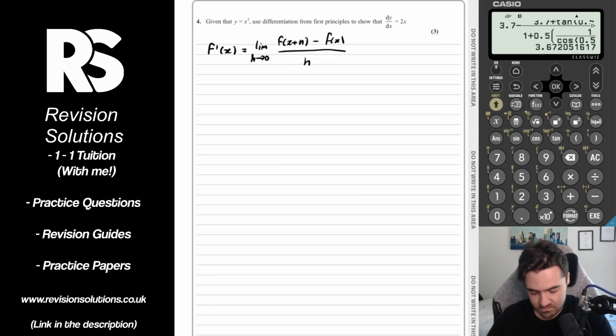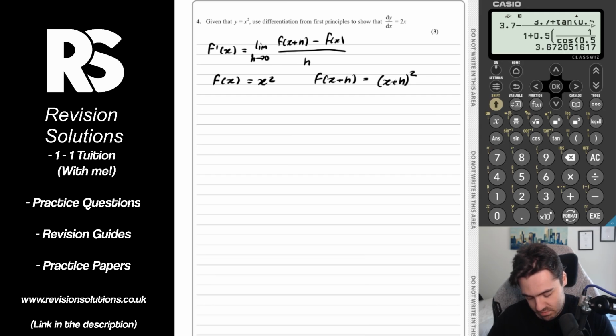And the bit that students find difficult is normally working out what f of x plus h is. Well, first off, f of x is just x squared. So this function takes our input x and just squares it. So if we want to look at f of x plus h, all that's changed is now our input is x plus h, but the function has not, so all it will do is take x plus h and all of it, so in brackets, and square it.